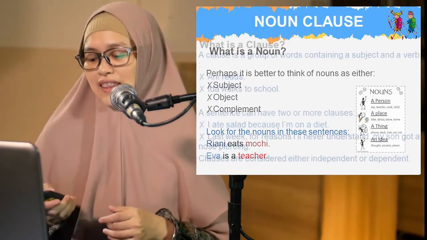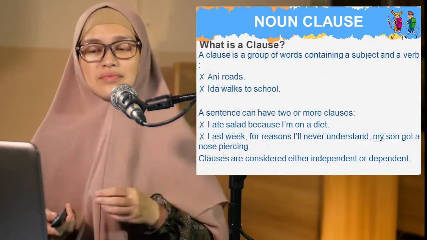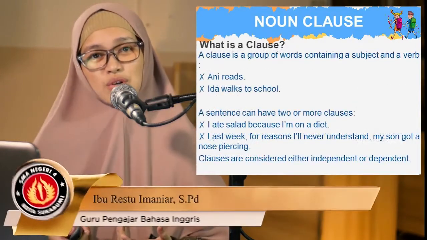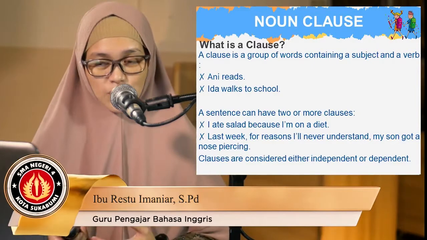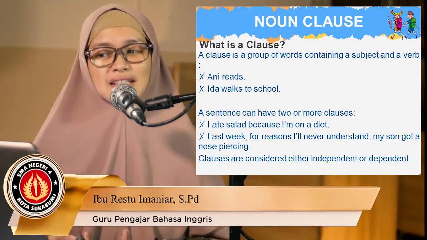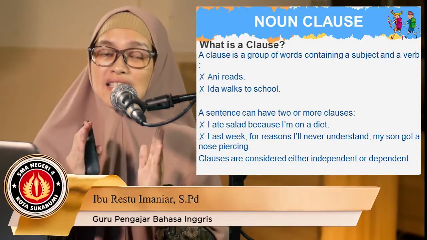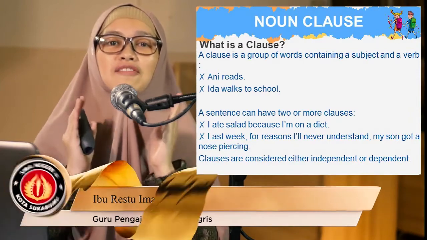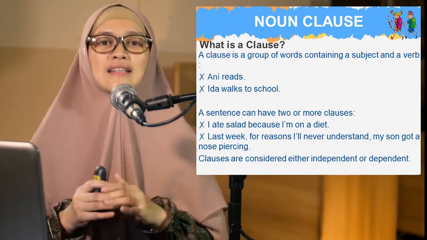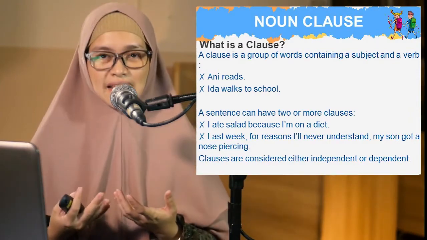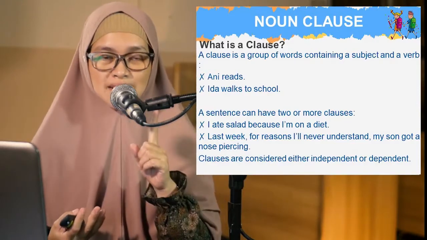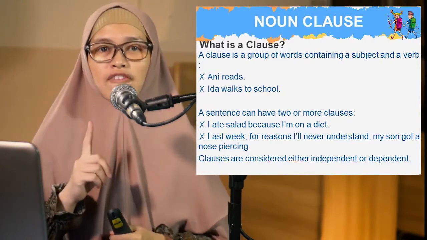Okay, and then let's see here. What is a clause? A clause is a group of words containing a subject and a verb. It means that it has at least one subject and one verb.